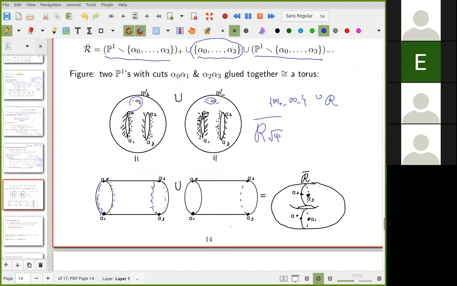This means that we have a torus. So this compactification, obtained by adding two infinities, is actually a torus.